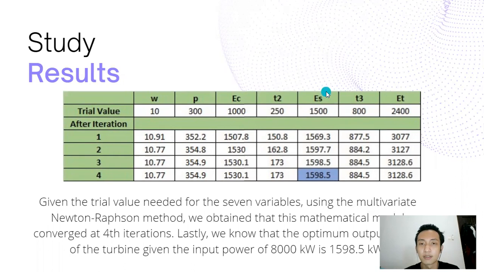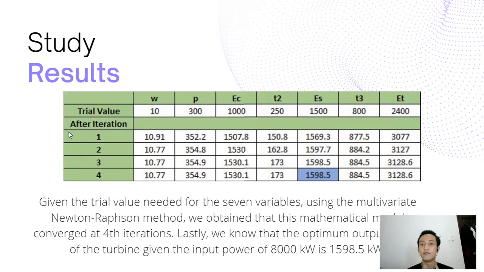The energy transferred to the shaft is 1500. The temperature at point 3 is 800 degrees Celsius, and the energy transferred by turbine is 2400 kilowatt.